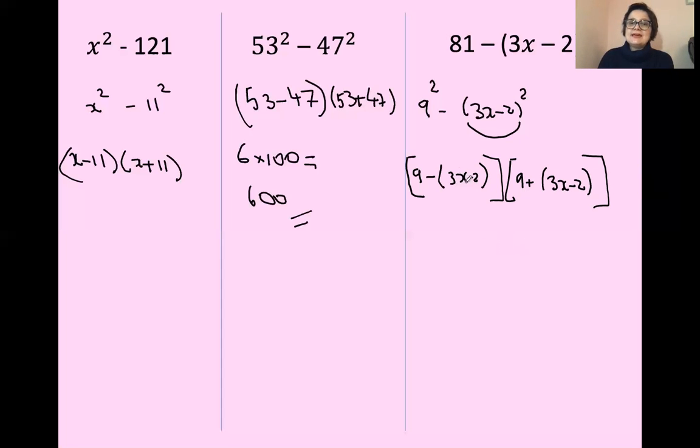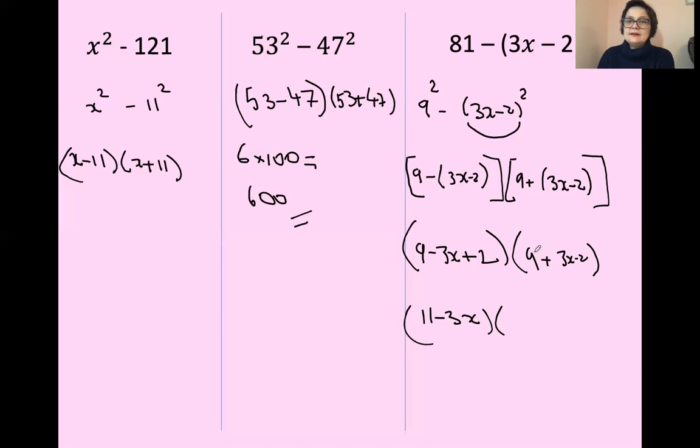And now let's get the terms that are inside the round brackets outside the bracket. And I'm going to have 9 minus 3x plus 2 now, because it's minus 2 plus 2. Open the bracket, 9 plus 3x minus 2. Close the bracket. 9 plus 2 is 11, so 11 minus 3x in brackets.